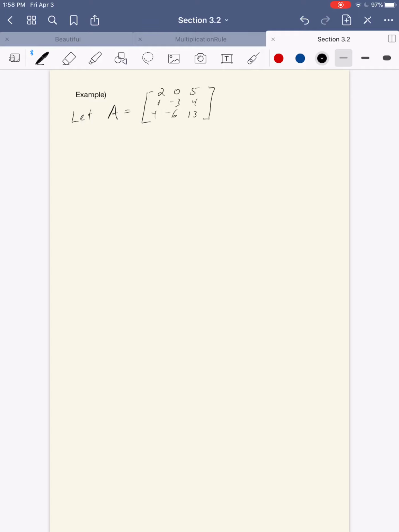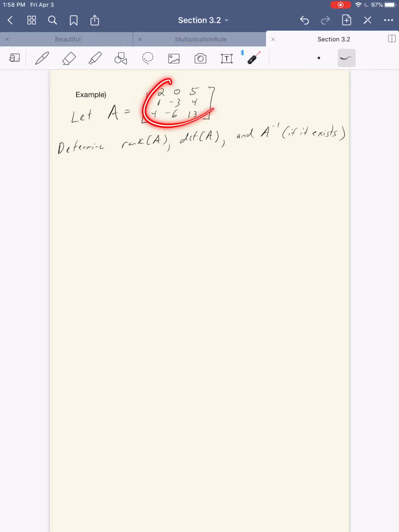And we're going to determine a couple things: the rank of A, the determinant of A, and A inverse, if it exists. Now, we've got a bunch of different things to do here. We want to calculate the rank, so we want to know when this guy is in row echelon form, how many non-zero rows do we have. We also want to get the determinant of A, and we want to know A inverse if it exists.